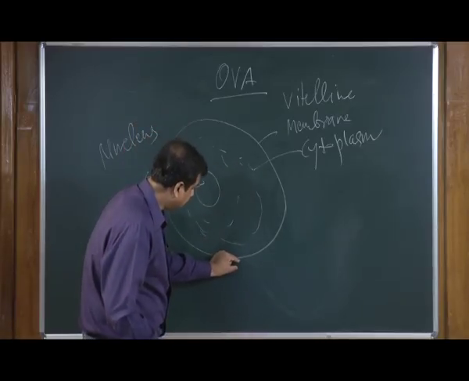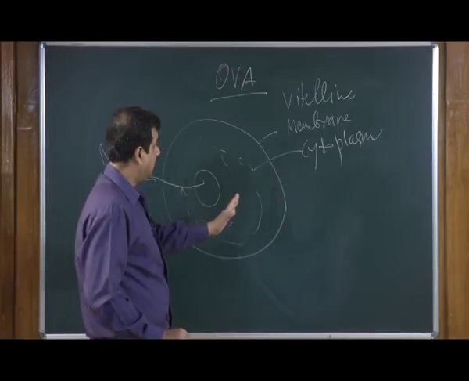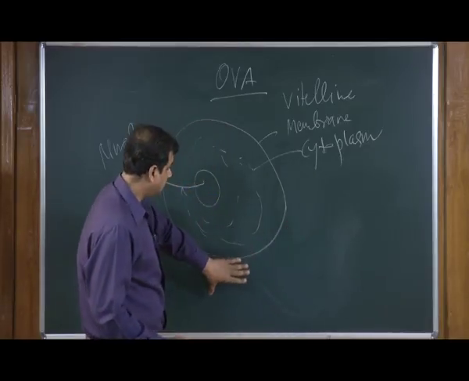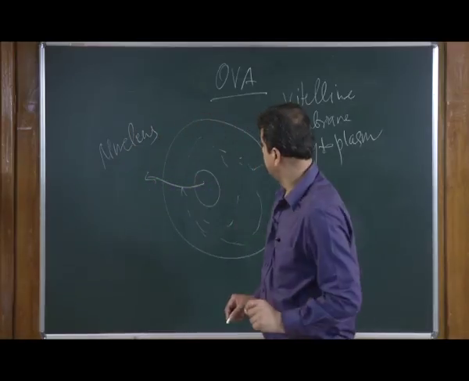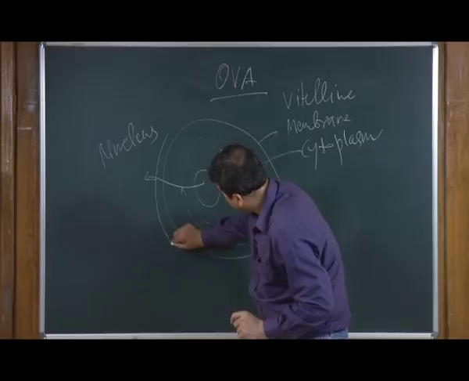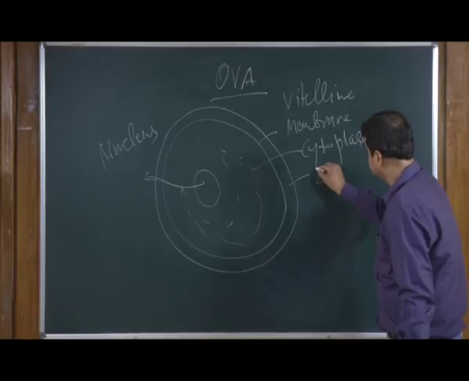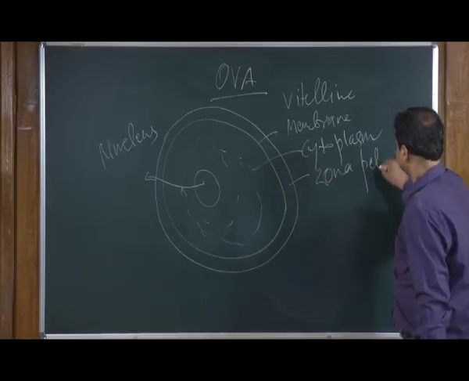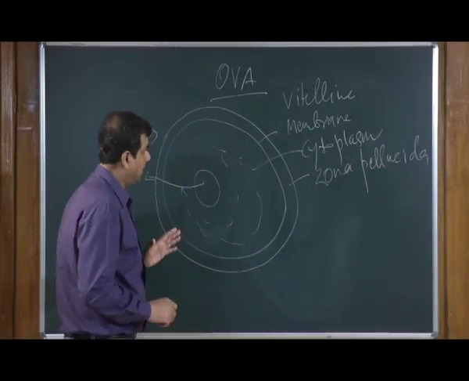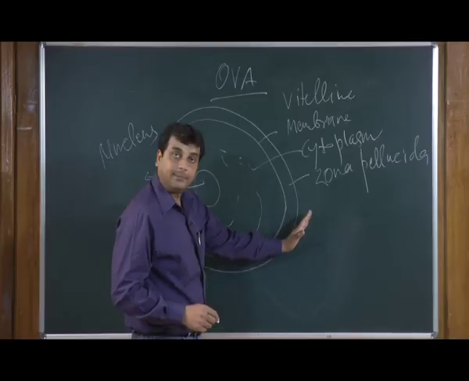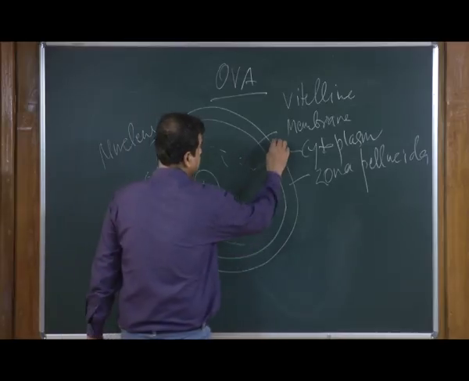Now, there is a distinct area that protects this vitelline membrane to avoid any entry of foreign cells or foreign intruders. So, we have a very specific outer covering of this ova, and this we already discussed. This is called the zona pellucida. So, zona pellucida is the outer covering of this ova. Just after the zona pellucida, we have a very specific layer of cells attached to this area.